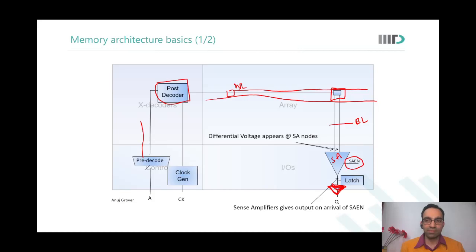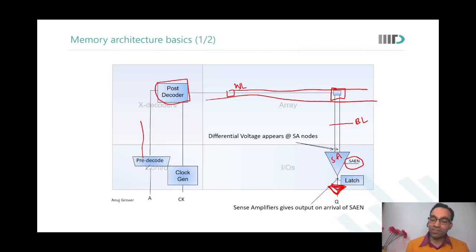Okay. So after the post decoder and pre decoder decide which word line to select, how do we come to the bit line exactly? Which bit line is to be selected in that particular word line?